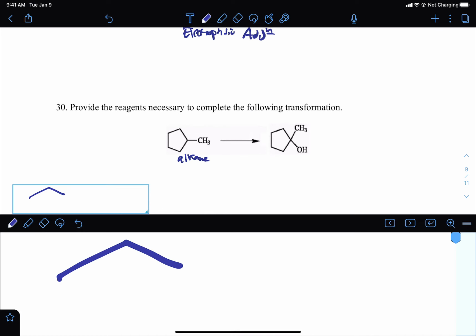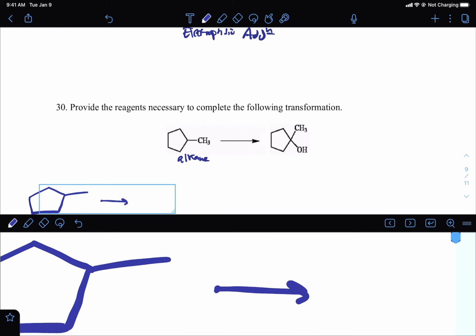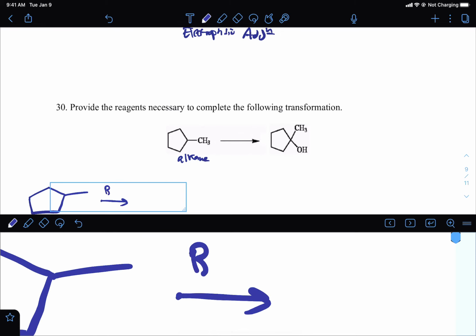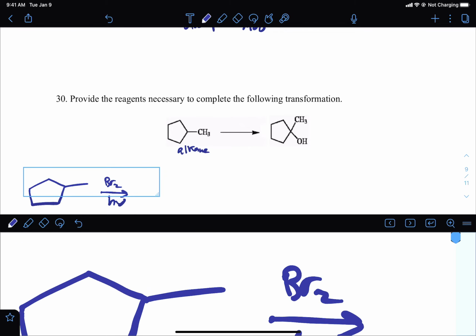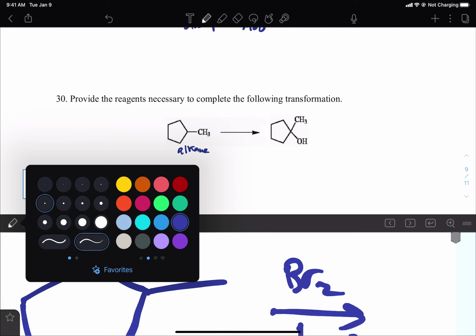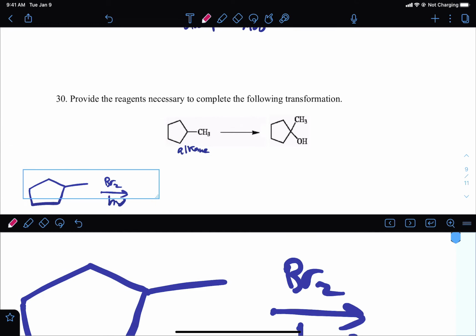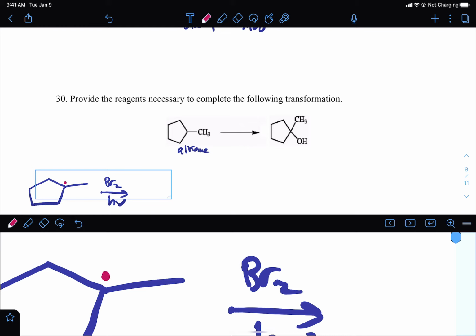So let's start with our plain, non-functional alkane. The free radical reagents were Br2 and light. And remember, in this reaction, the halogen goes on the most substituted position because it's going to make a radical, and that radical is going to be formed at the position that can most easily deal with being electron deficient.